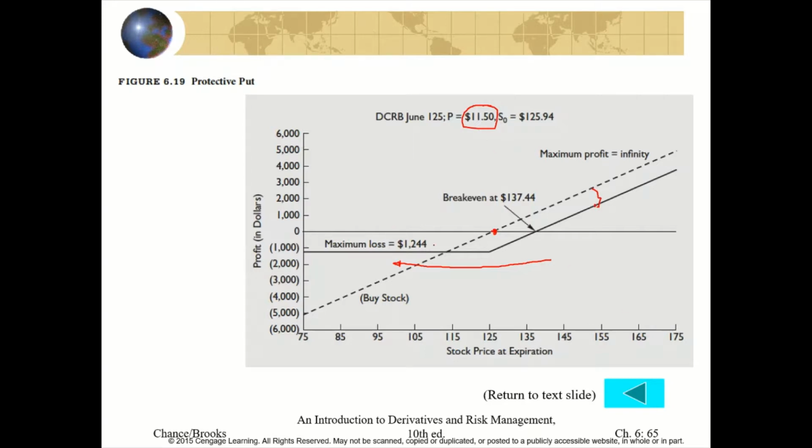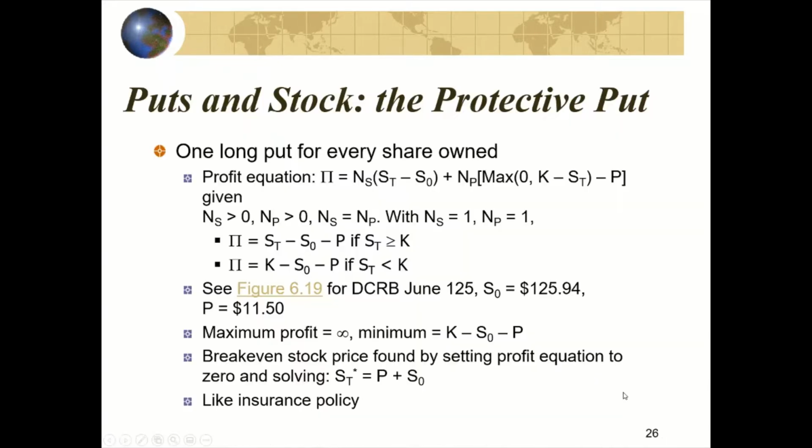Okay, so the advantage of the protective put is that it protects us against the downside movement in the underlying stock, but we are sacrificing some of the profit in the upside potential of the underlying stock. What's the maximum profit? Well, it's similar to a long position in a call option. It is infinite.